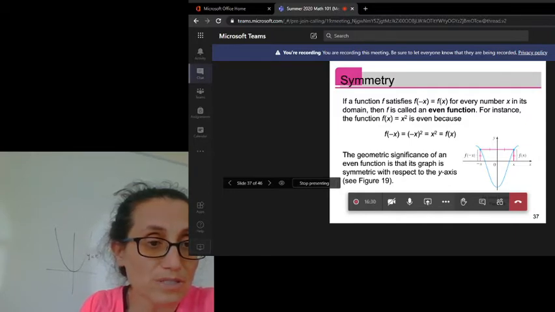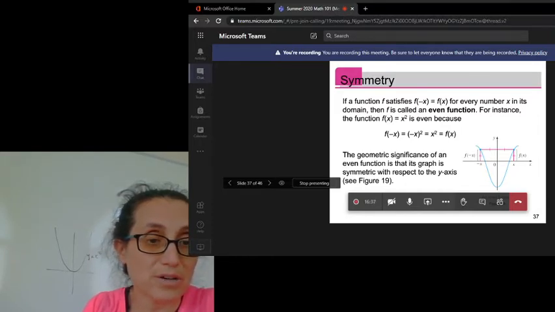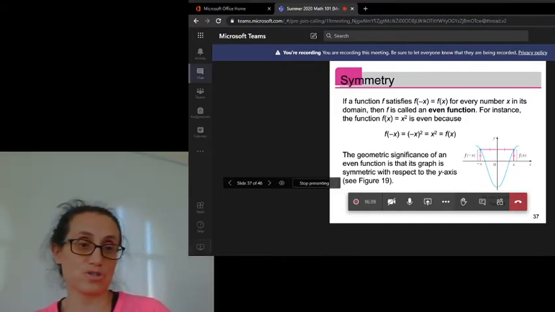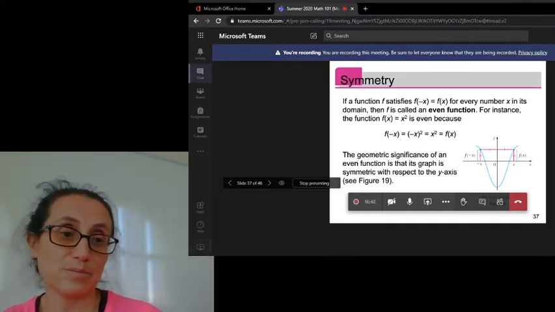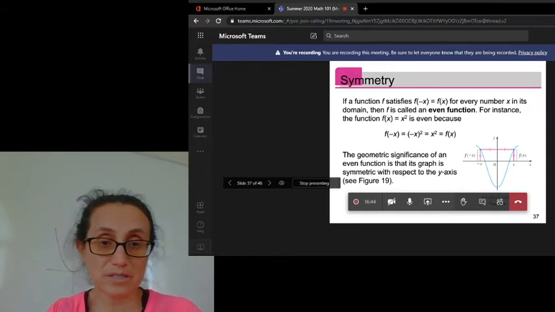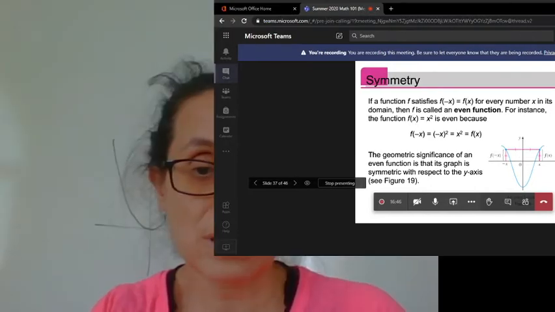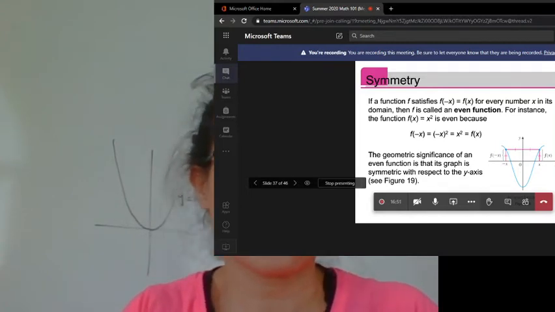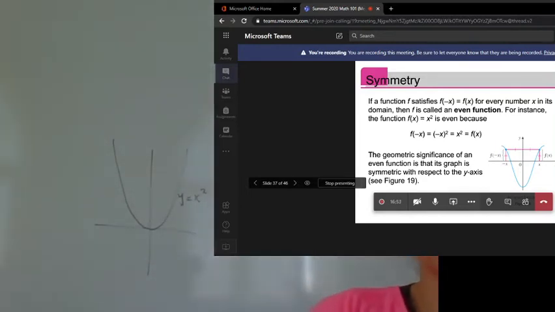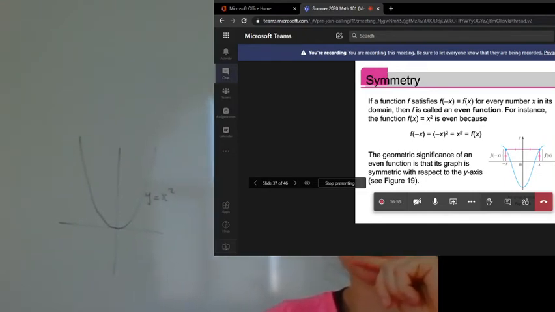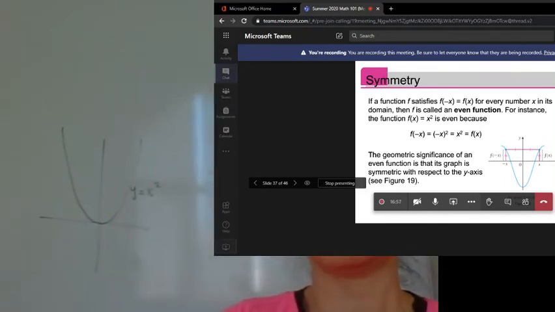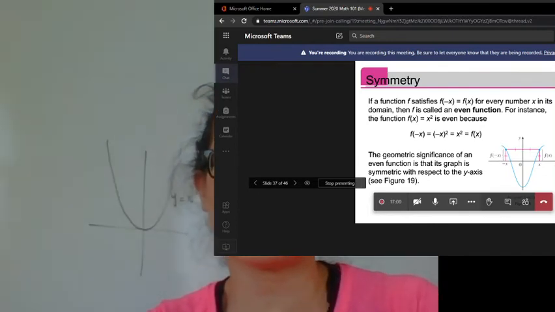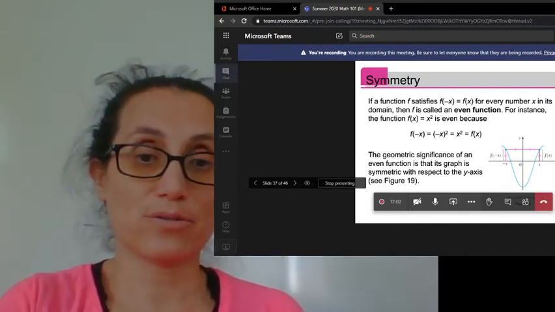Maybe I should do it like that. It's bigger now, you won't be able to see it as much. You're going to see a little bit of me, but I want you to see the screen. Now if I move it away, then you can see it. Y is equal to x squared, much better, right? So this is y is equal to x squared.